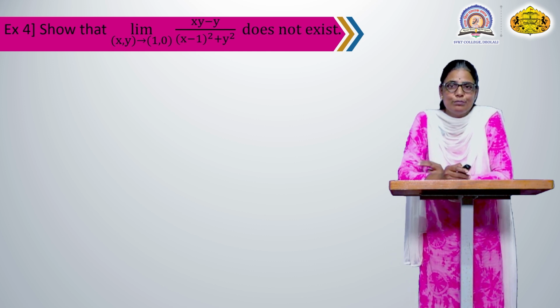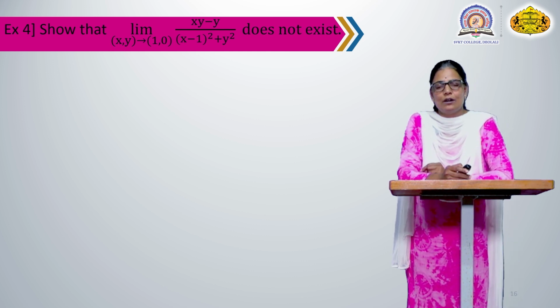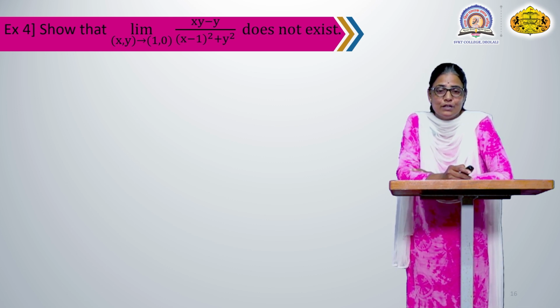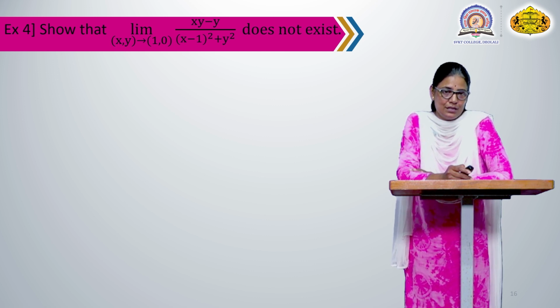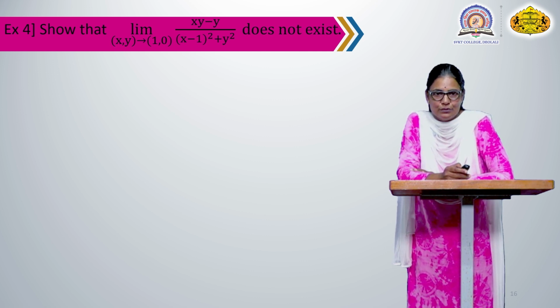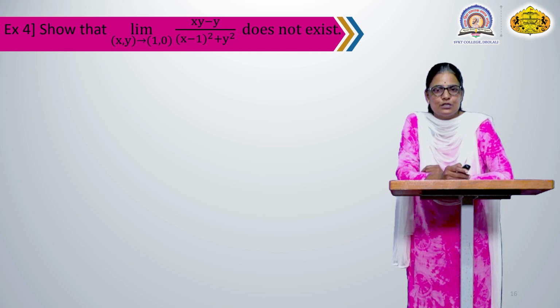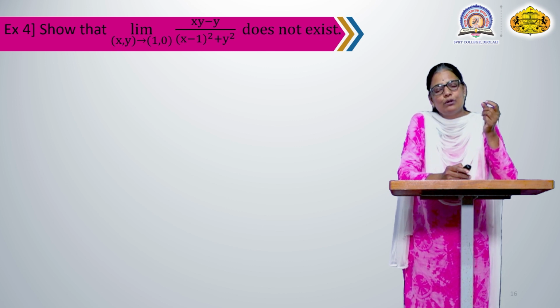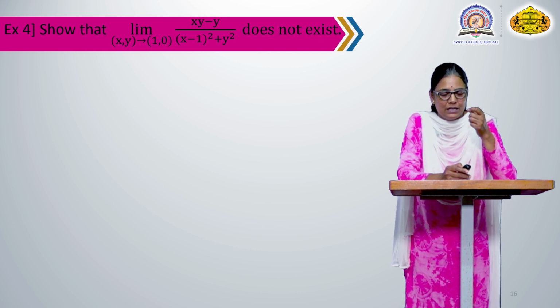In the previous three problems our given point was (0,0), but in this case (x,y) approaches (1,0), so we can't consider the y-axis because it is not passing through the point (1,0). We can consider the x-axis here. So a better way: suppose we want to show that the limit doesn't exist, try a straight line which is passing through that point.